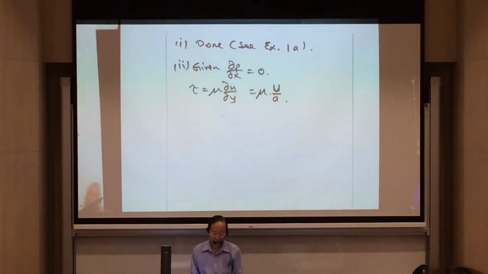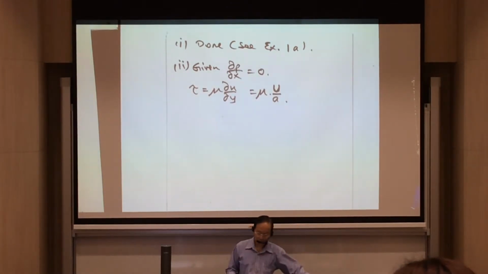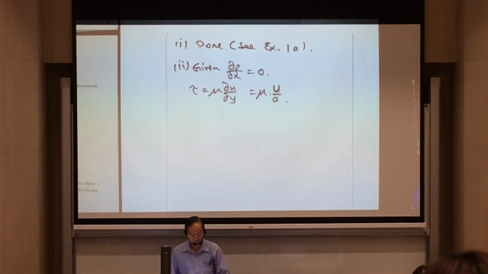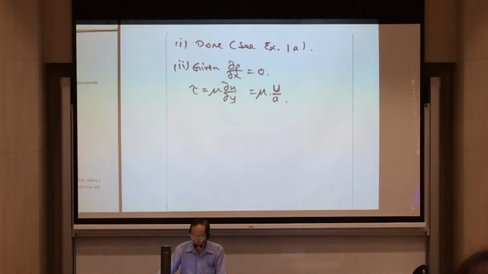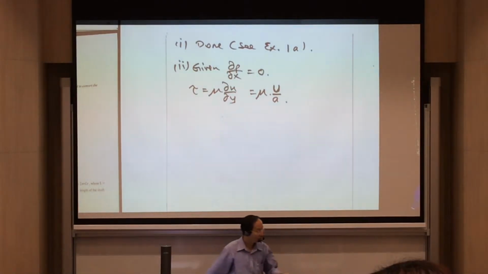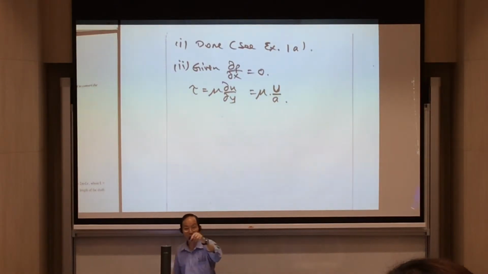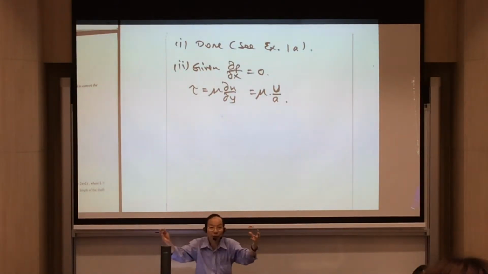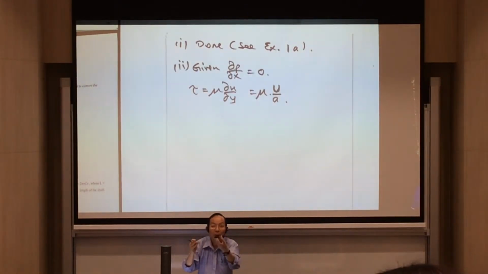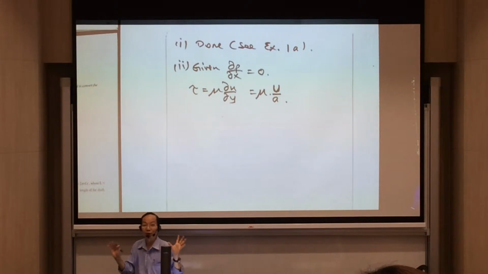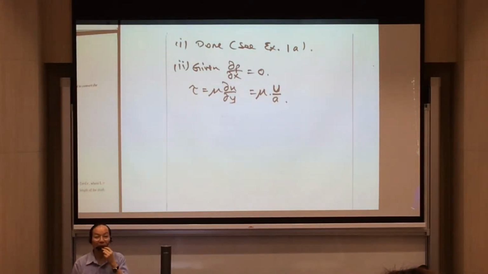Eventually the question says calculate the amount. Calculate the amount means it has got a number. If you simply leave it as an expression, what's the amount? What's the number? No number, so you only get maybe half the marks. So understand the question very carefully.